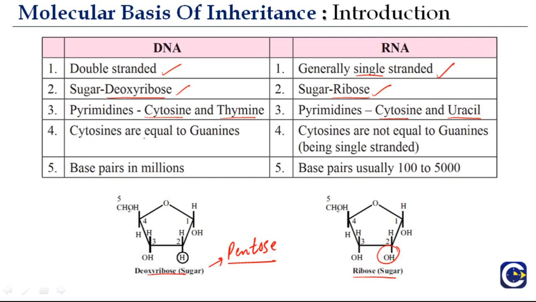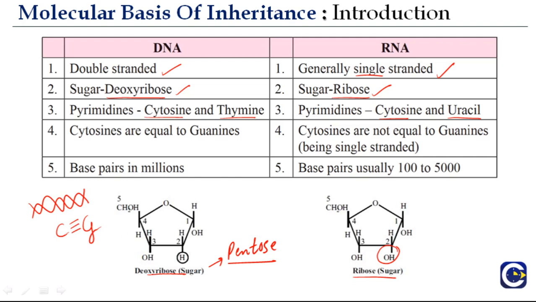In DNA, cytosines are equal to guanines, because DNA is a double helical structure. The cytosine pairs with guanine through three bonds, and we'll study this in the next parts.